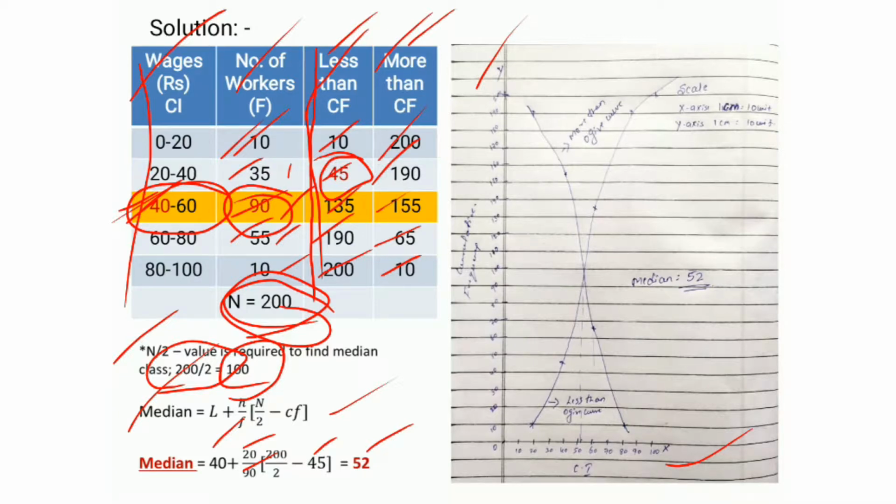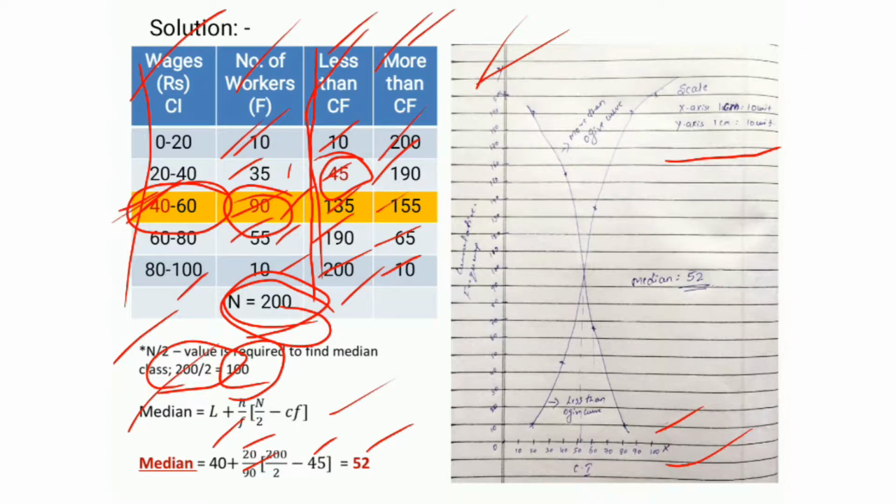On the x-axis the highest value is 100 and on the y-axis the highest value is 200. The scale is taken as 1 centimeter equals 10 units on both axes. On the x-axis up to 100 is plotted, and on the y-axis up to 200 is plotted, based on the values in the table.